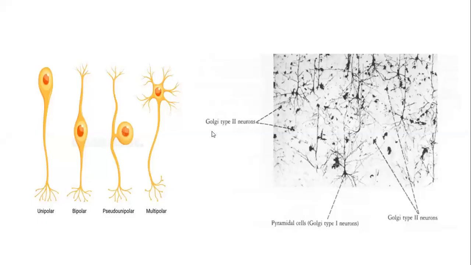So here in this diagram, you can see the bipolar type of neurons. Next, we have multipolar. Multipolar type of neurons is the most abundant type among all these types of neurons. It is abundantly found in almost all places of the nervous system.